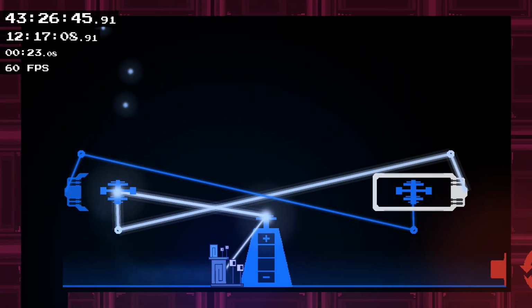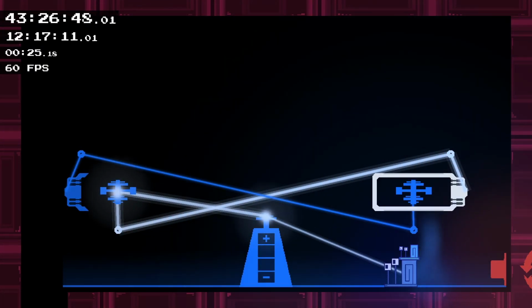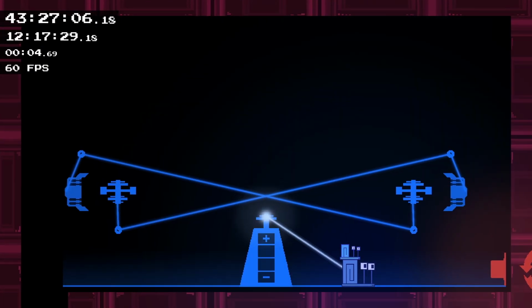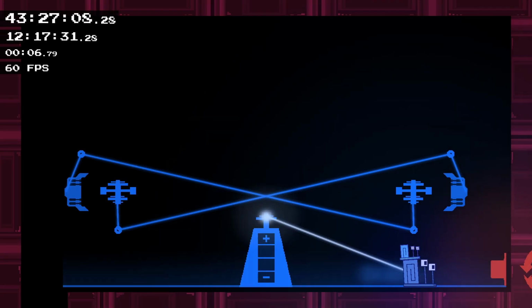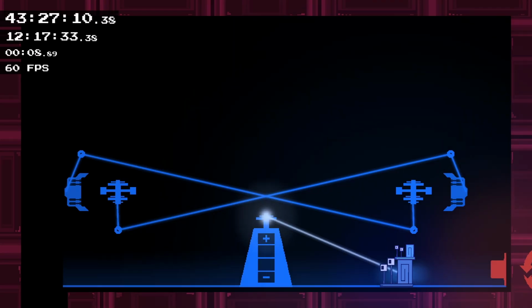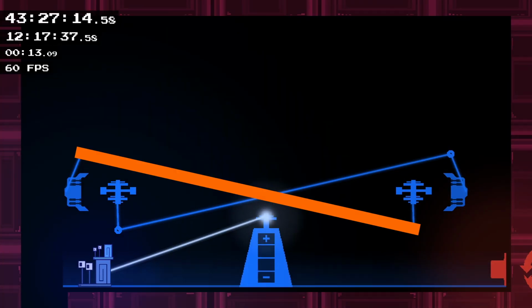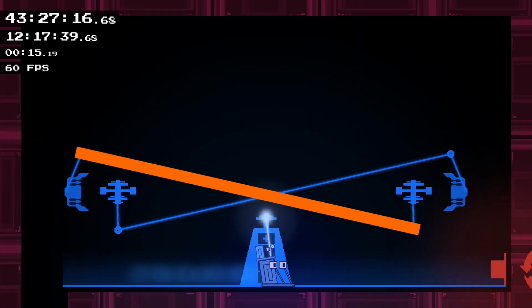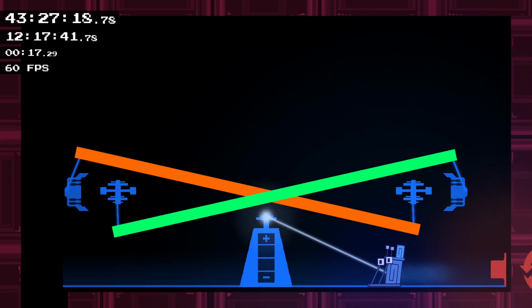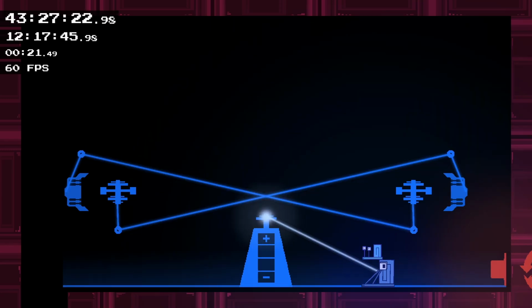Same thing if I power the one on the left. The right one cannot be accessed anymore. Note that the two connections are basically two different wire systems. So the connection point on the right is connected to the door on the left, and the connection point on the left is connected to the door on the right. And there's no cross connection between these two.